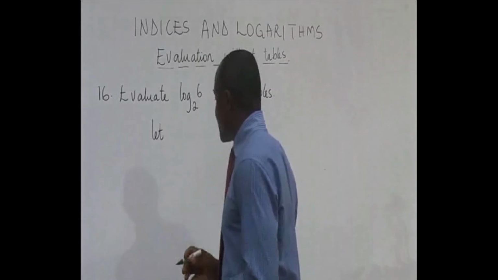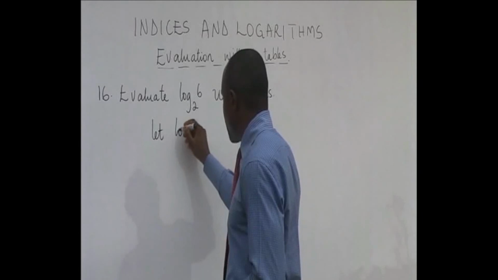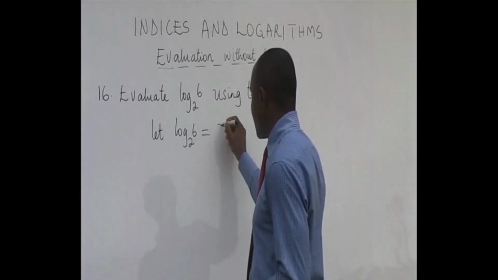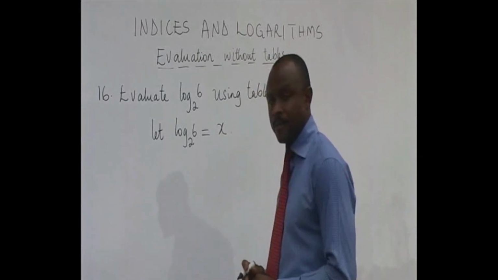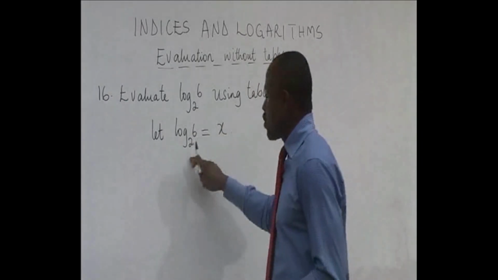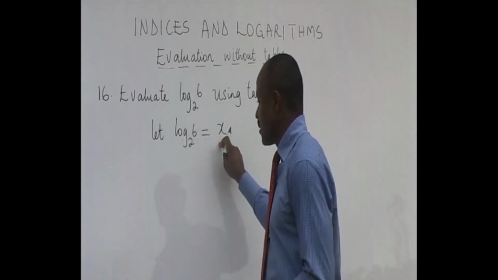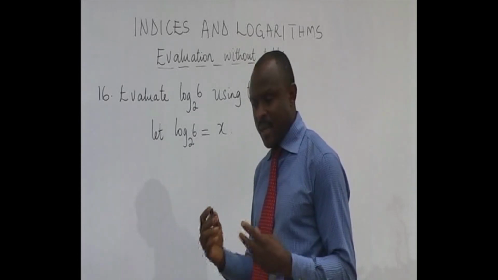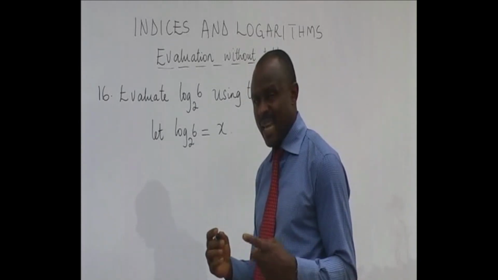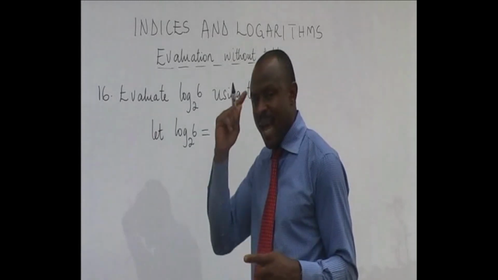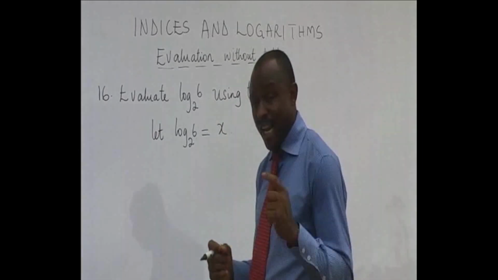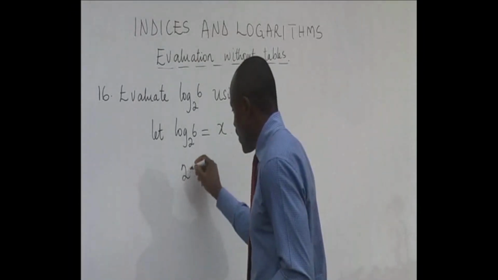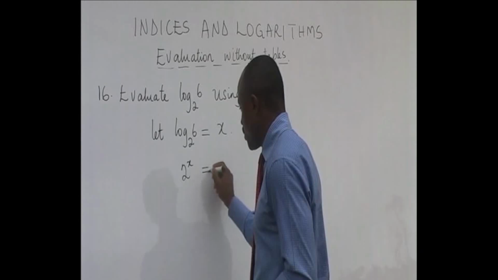That means you write that let the expression given to you, log to base 2 of 6, be equal to any letter. Let's use x. If log to base 2 of 6 is x, respecting the principles in logarithms, it means that 2 exponent x is equal to 6.